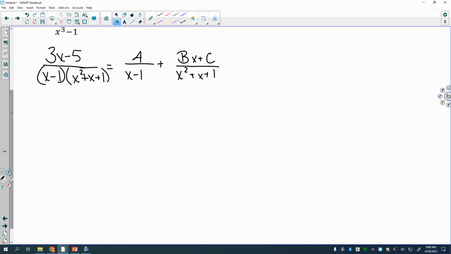Again, I multiply by the common denominator. 3x minus 5 is equal to A times the quantity x squared plus x plus 1. And then this Bx plus C gets multiplied by x minus 1.